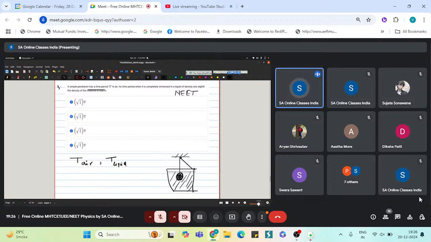The density of the liquid they have given is 1/8 of the density of the material of the blob. So this is equal to 1/8 of the density of the blob.